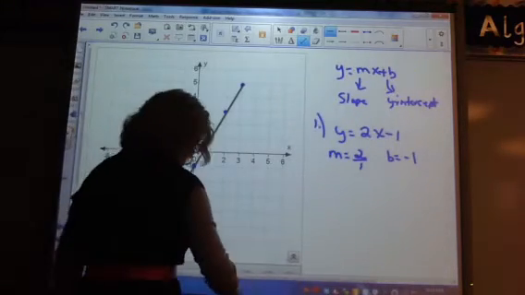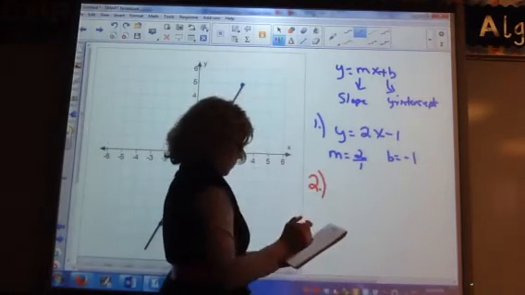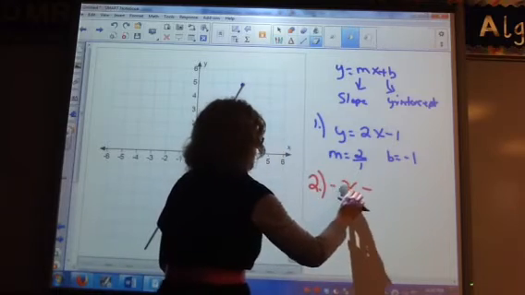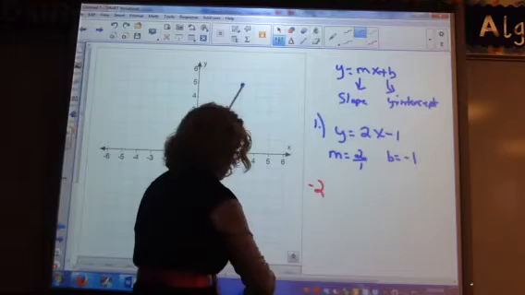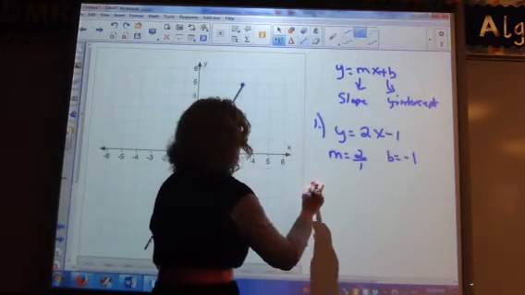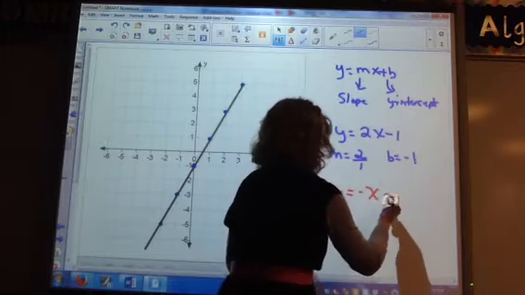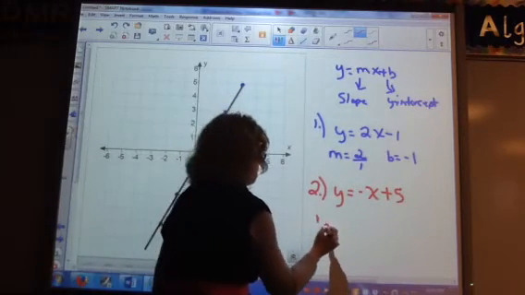Now what we're going to do is graph a second equation. It's negative x. Excuse me. I need to put it in slope-intercept form. Go ahead and identify your slope.